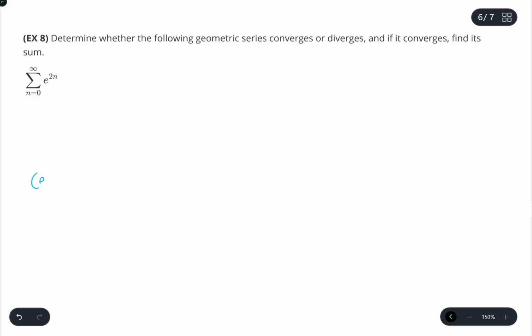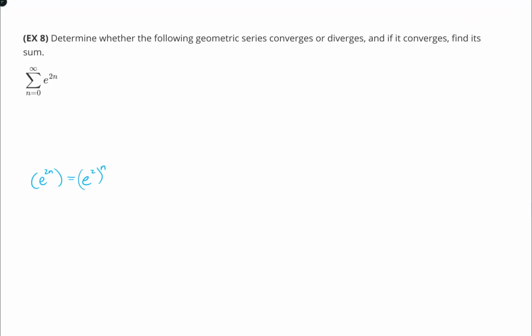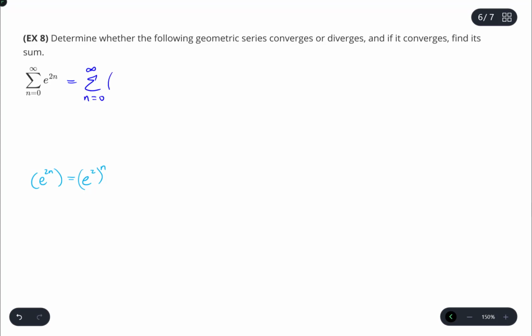So e to the 2n could be written as e squared to the nth power, because rules of exponents say that if you take something raised to an exponent and then raise it to another exponent, you can simplify that by multiplying those exponents. But you can, of course, go the other direction as well. So this would be the sum, n equals 0 to infinity, of e squared to the nth power.